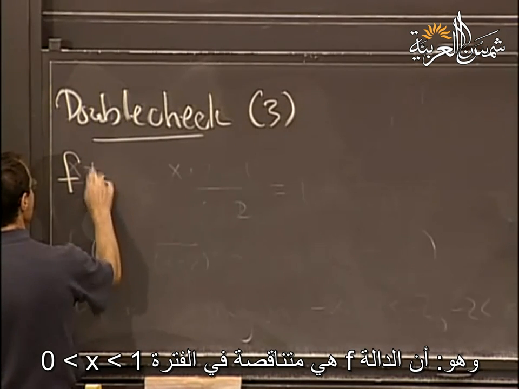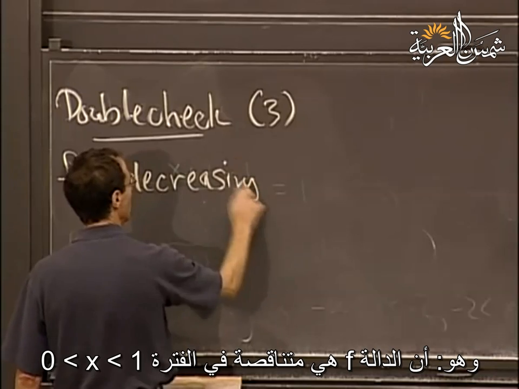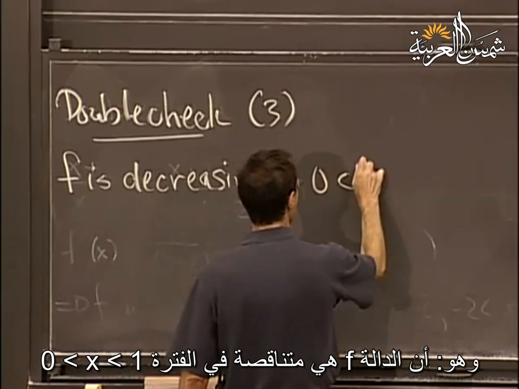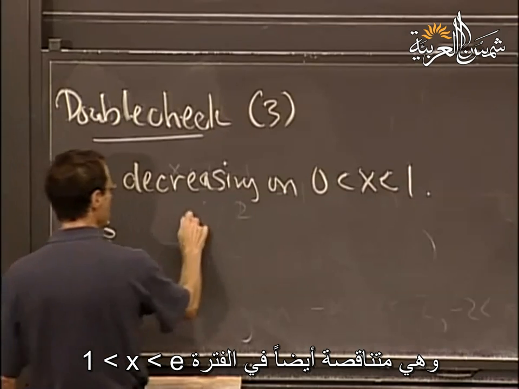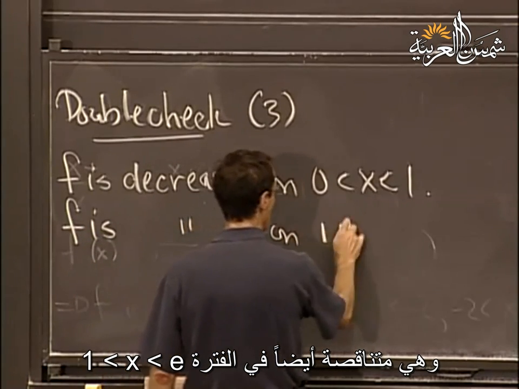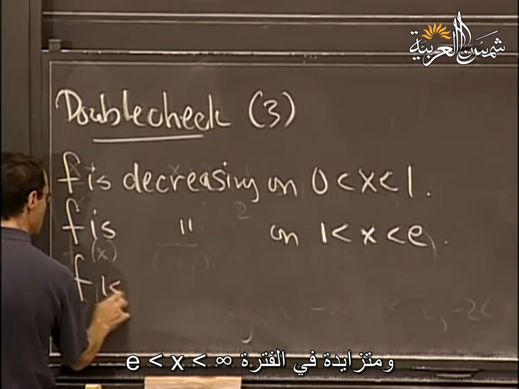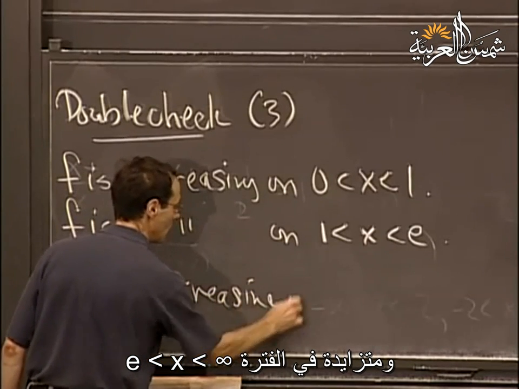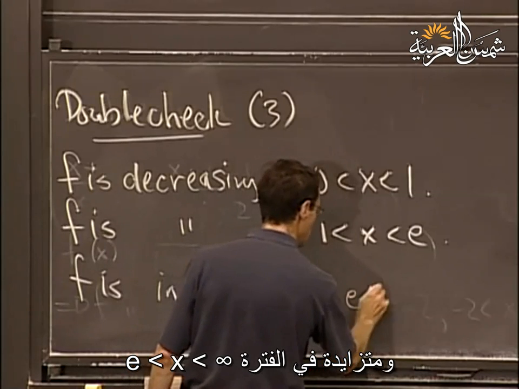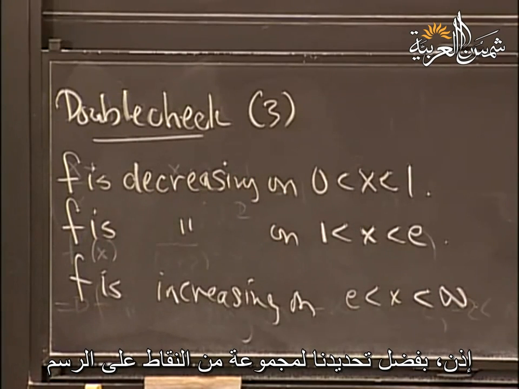That f is decreasing on 0 to 1. f is also decreasing on 1 to e. And f is increasing on e to infinity.